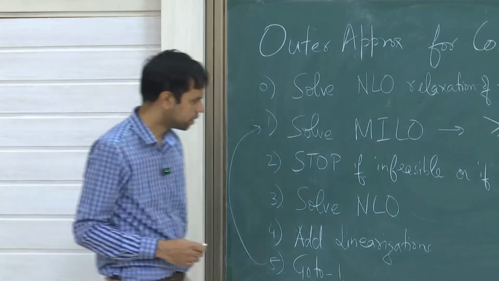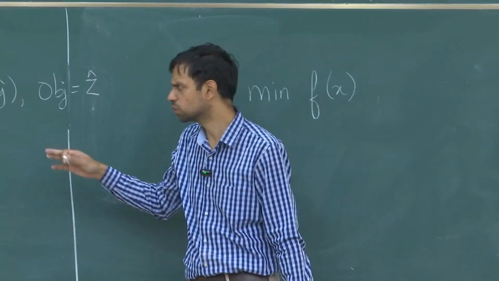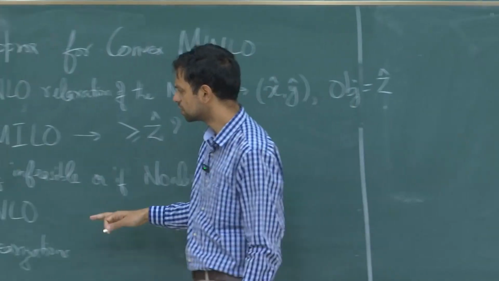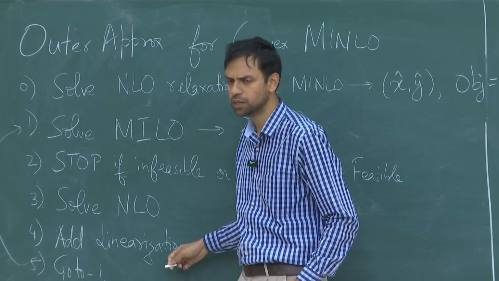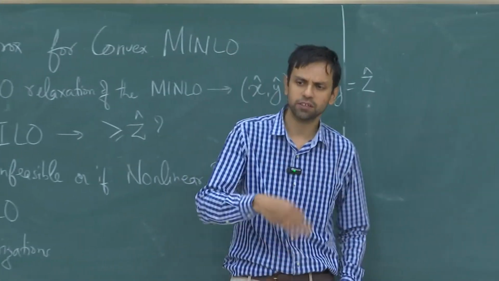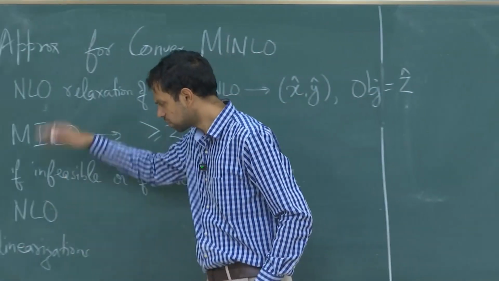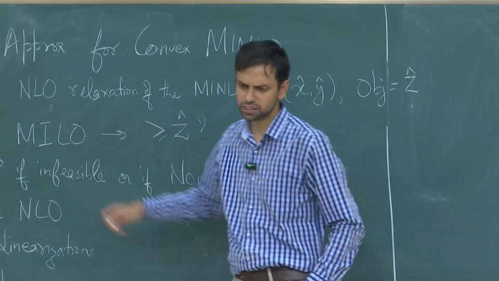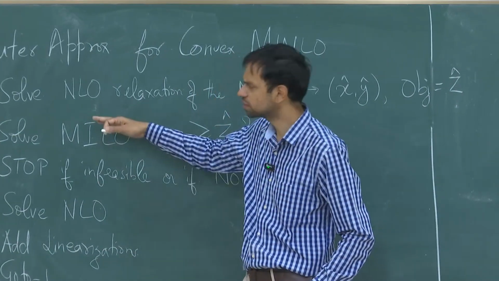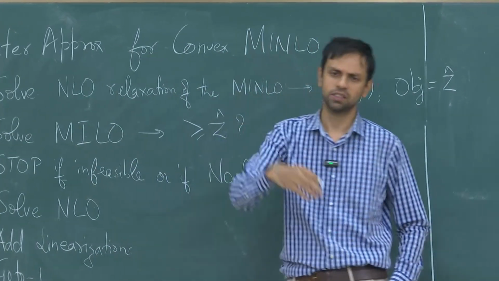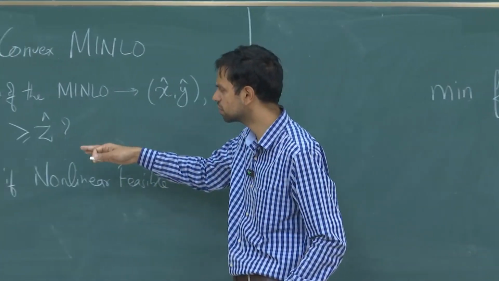Okay. There are many enhancements to this. You don't have to add linearizations only at this step. If you are aggressive and you foresee that a lot of iterations are going to happen, then you may as well add these linearizations much earlier by exploring some more points besides these KKT points.